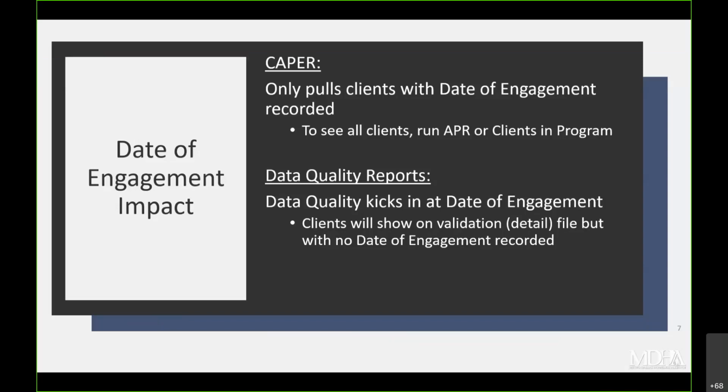Those clients who have no date of engagement recorded, you can see on the validation file, and see why they are not showing up on the aggregate report. That can also be really helpful for determining who does have a date of engagement recorded and who doesn't. You can run that validation file for your data quality report to get that information.